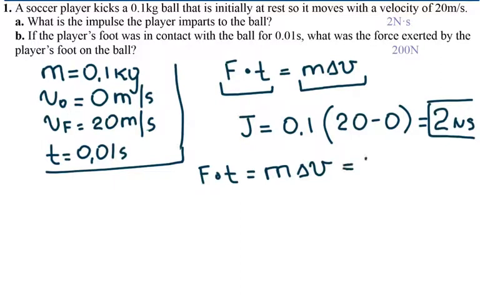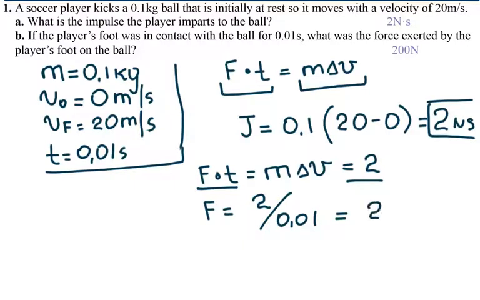I just calculated that this part is equal to 2, and I'm looking for the force. If I divide both sides by the time, I have 2 divided by 0.01. Multiplying the numerator and denominator by 100 gives you 200 newtons.